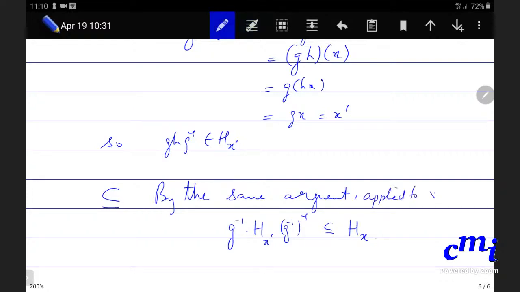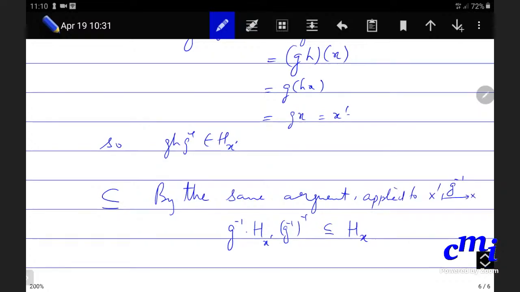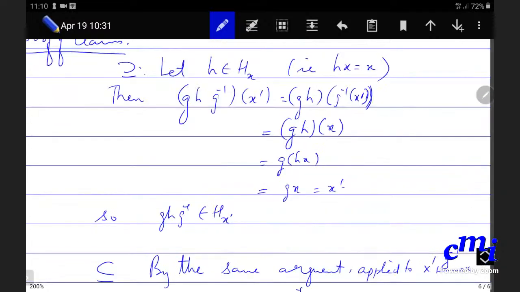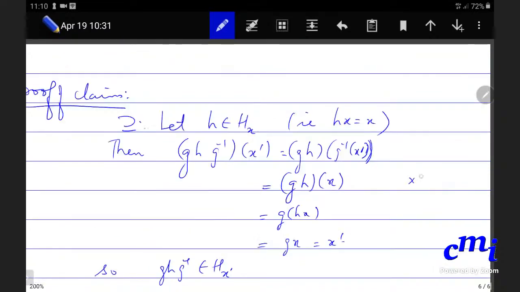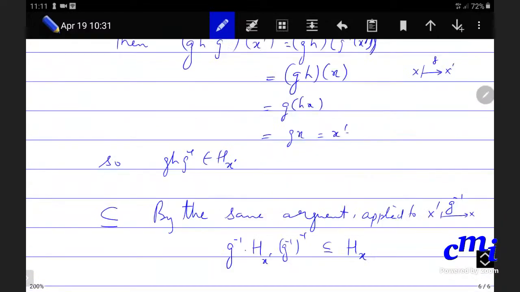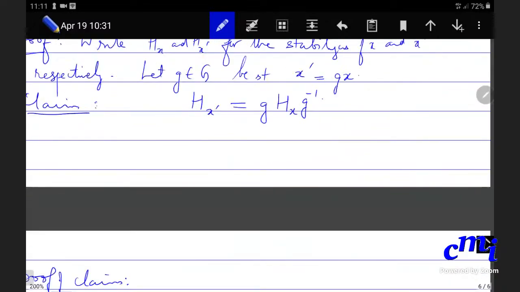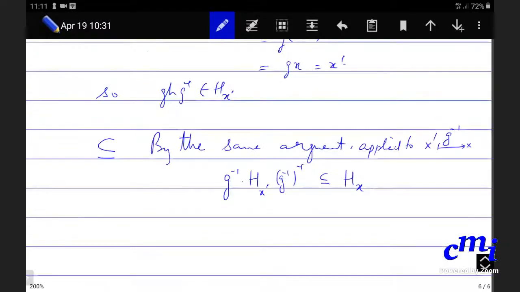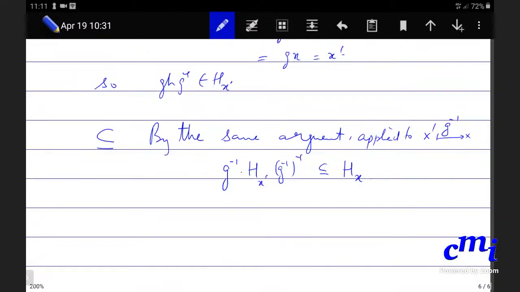So here, what we used was that g takes x to x prime. So g is some arbitrary element, right? I mean, g is not an arbitrary element. g takes x to x prime, but g is an element of G. So we can apply the same thing here.